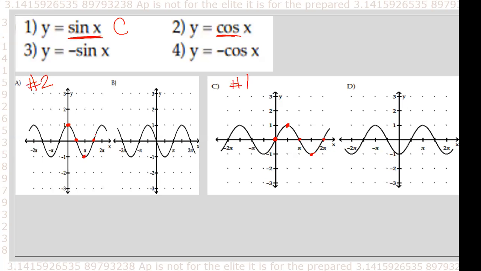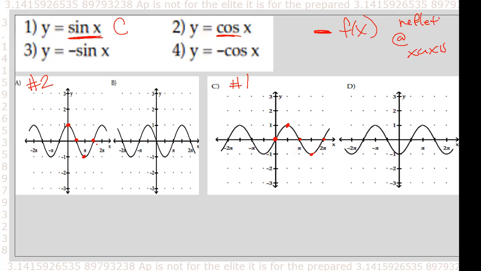Okay. Here's where it gets a little bit tricky. Let's go with our negative sine of x. When we have a negative in front of our function, that means it's a reflection about the x-axis.